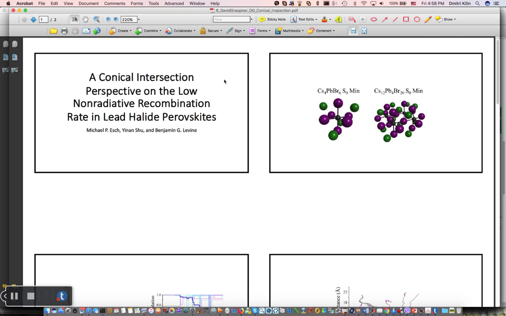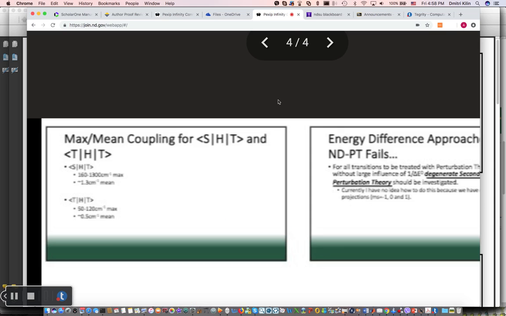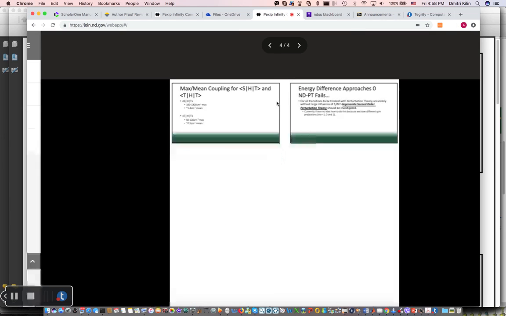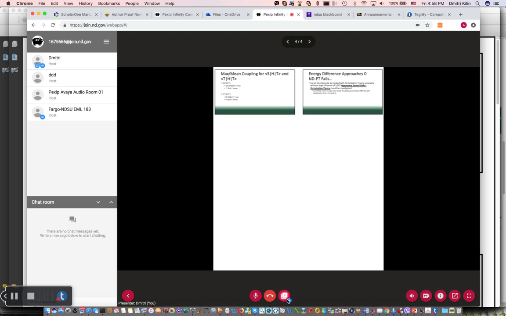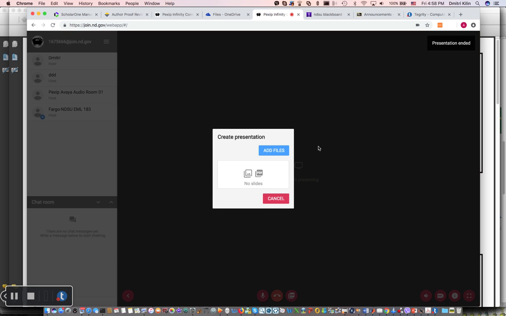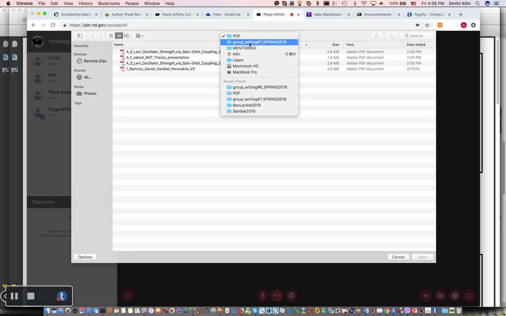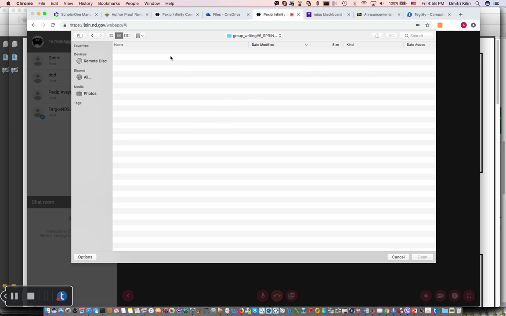The group was looking at two different models. What they were terming the cluster model, and then what they were terming the nanoparticle model, which is just four of the cluster models put together. And this is just a lead, cesium, and bromide perovskite.